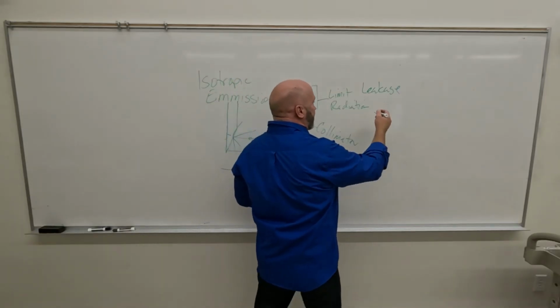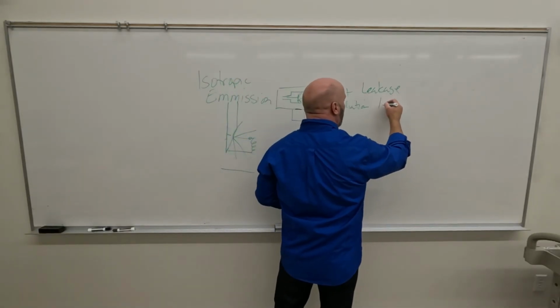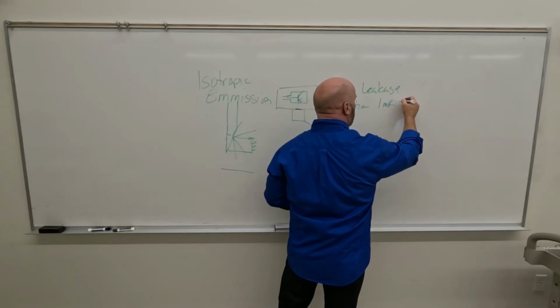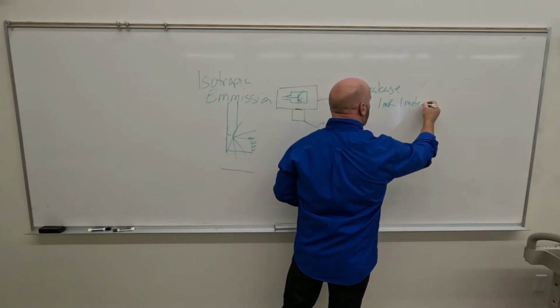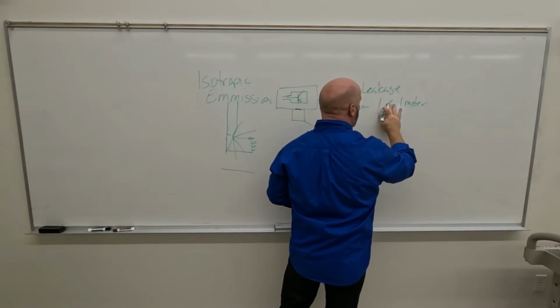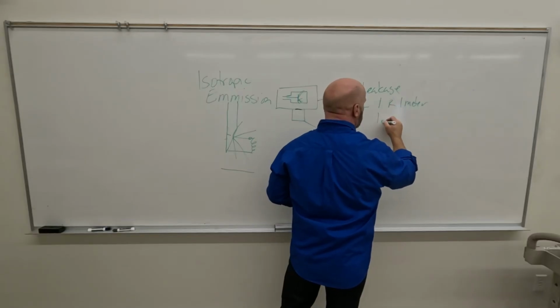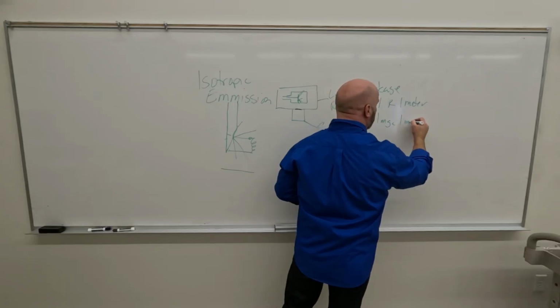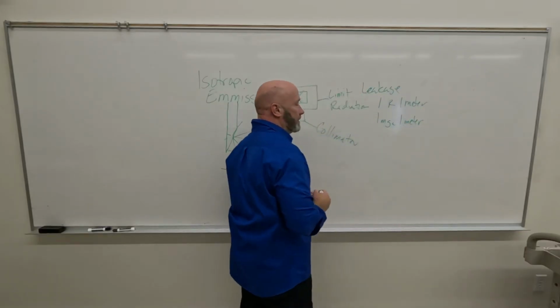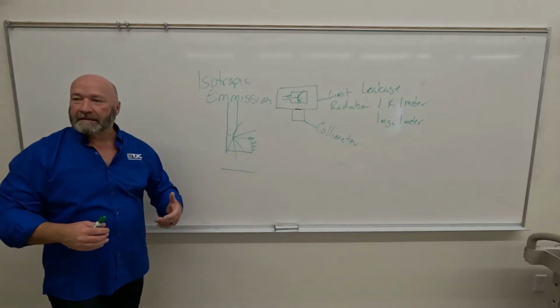And it has to be no more than 1 mR at 1 meter, which is the same as 1 R at 1 meter, which is 1 milligray in air at 1 meter. Okay, so it limits leakage radiation.